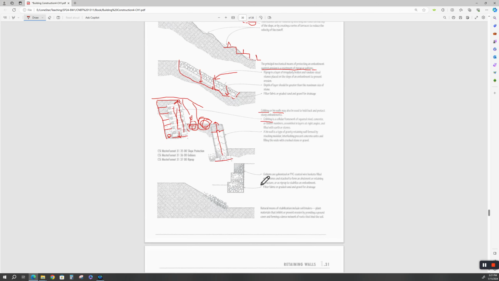All right. Next ones are gabions. Gabions have been used for centuries. It has been stated that gabions were invented by Alexander the Great as a barricade in warfare. Nobody knows who invented them.